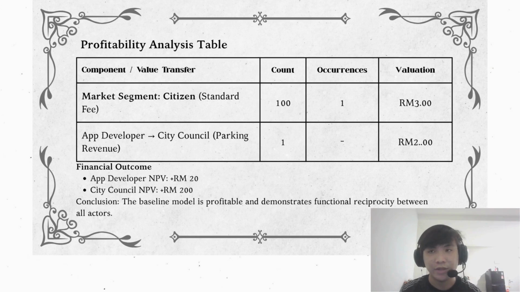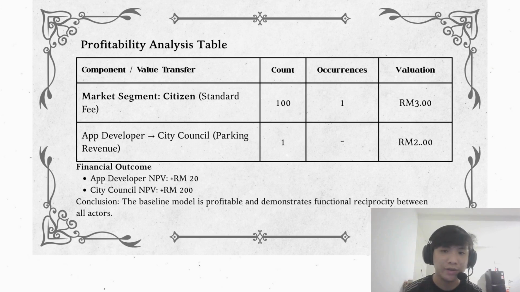Then from the transaction, the app developer passes an agreed parking revenue of 2 ringgit per transaction to the city council. In return, the city council grants the app developer the official license to operate the platform.